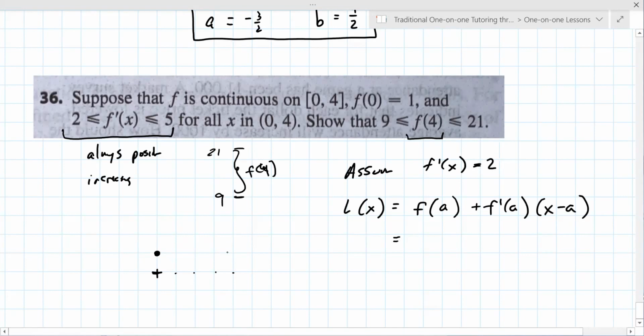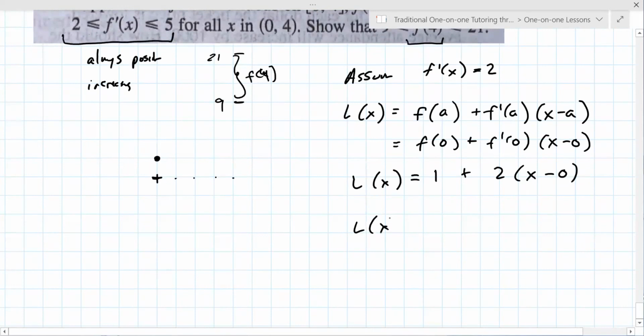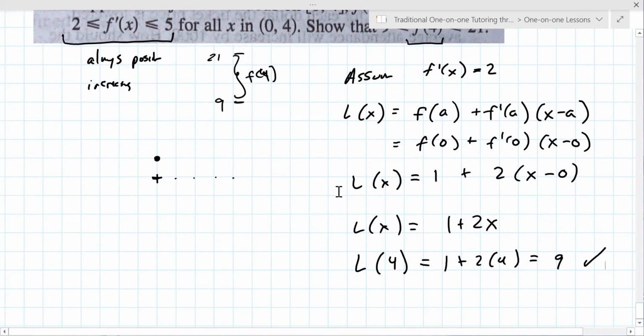I'm going to make this simple. This is f of 0 plus f prime of 0 times x minus 0. f of 0 is 1, that's given. f prime of 0, we assume, is 2, times x minus 0. So the linear approximation is 1 plus 2x. Now let's evaluate it at 4. 1 plus 2 times 4 is 9. See how it's that lower value there?